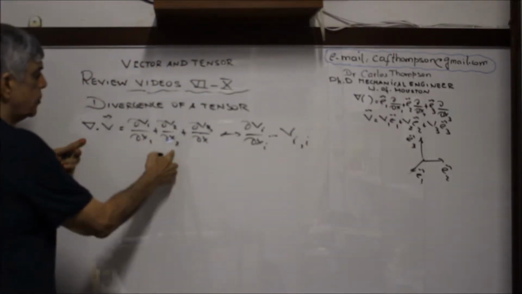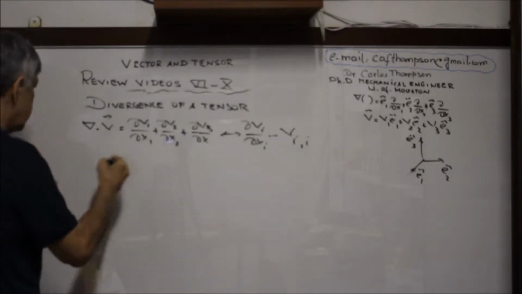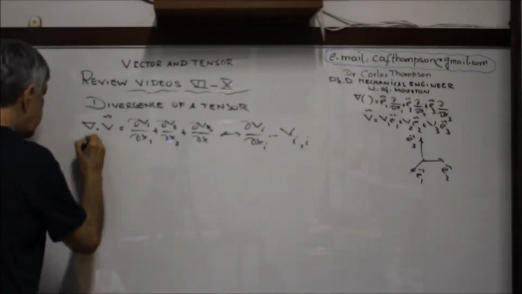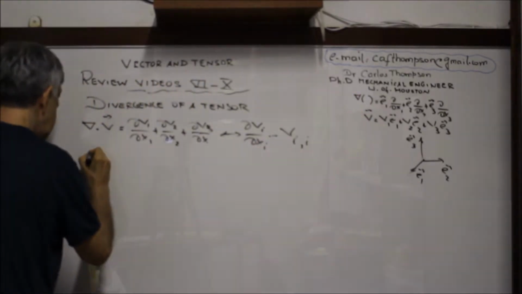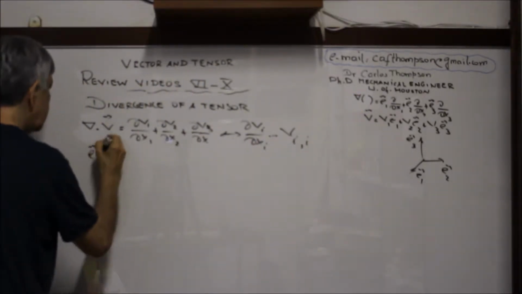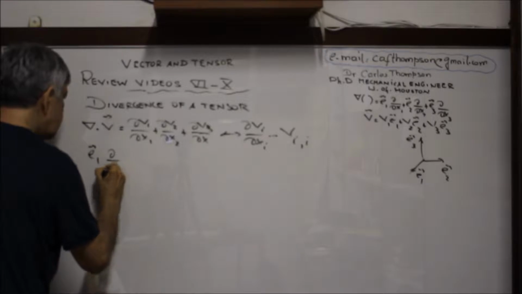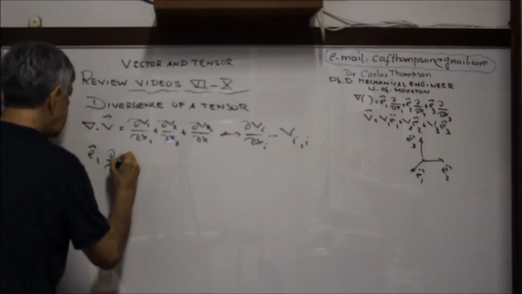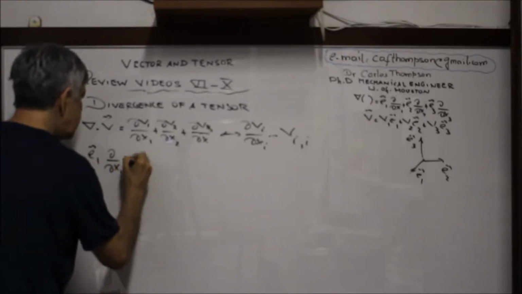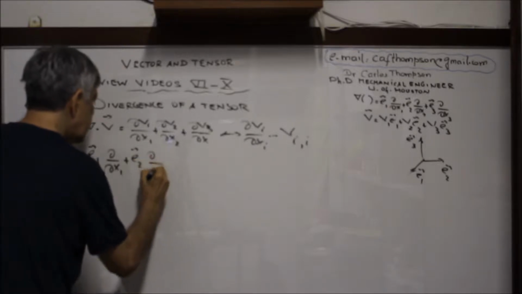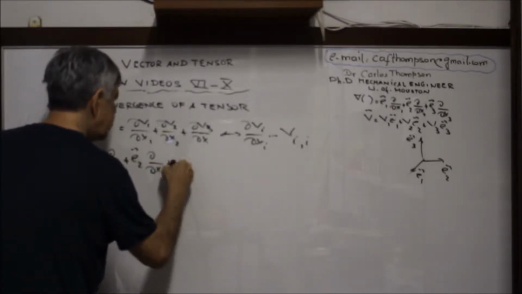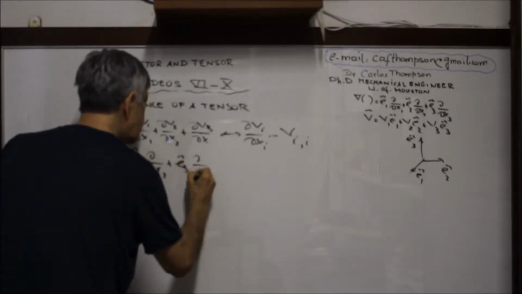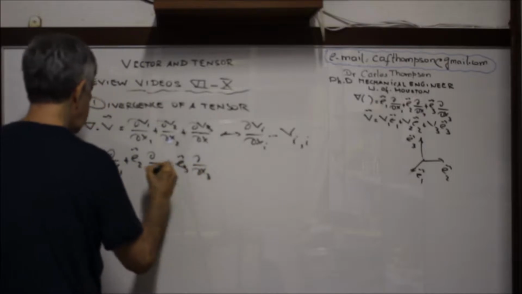Now we can show this clearly because nabla is E1 partial with respect to x1 plus E2 partial derivative with respect to x2 plus E3 partial with respect to x3.